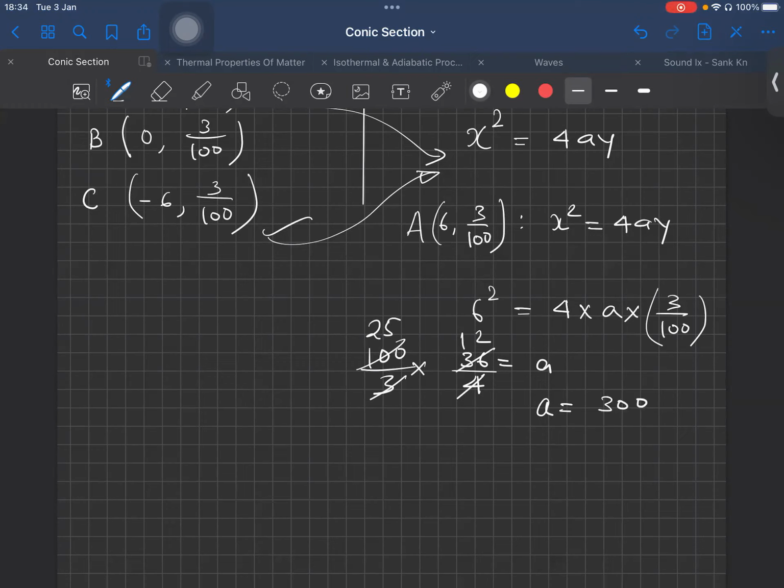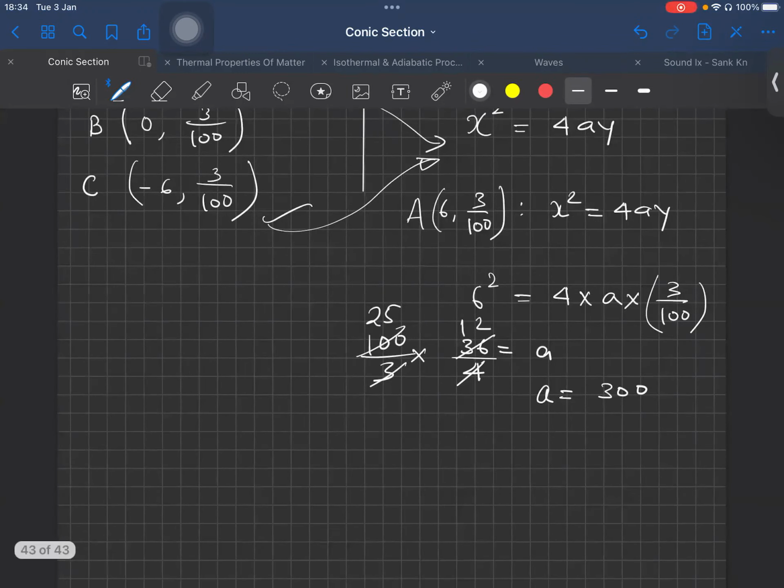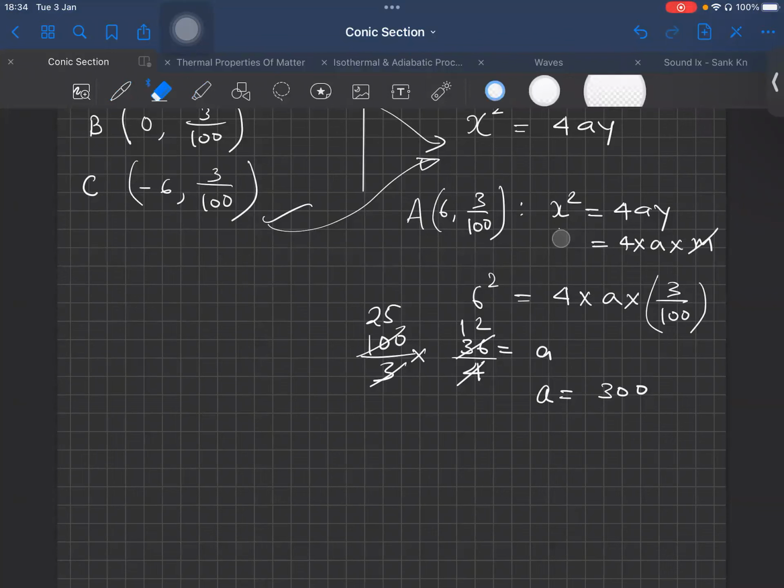What is the unit of a? Meters. Are you sure? Yes, sir. Because the unit of x is meter, so x square is meter square. And 4 is a constant. The unit of y is meter, so meters will get cancelled, so a must have the unit of meter. So a will be equal to 300 meter. Understood? Yes, sir.